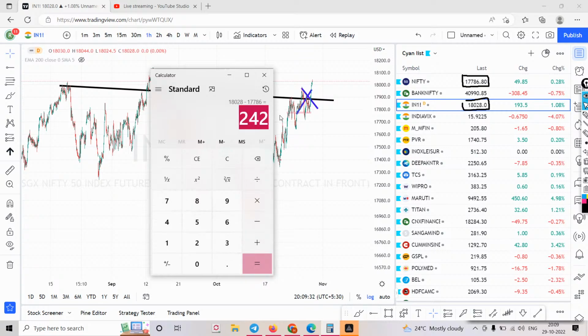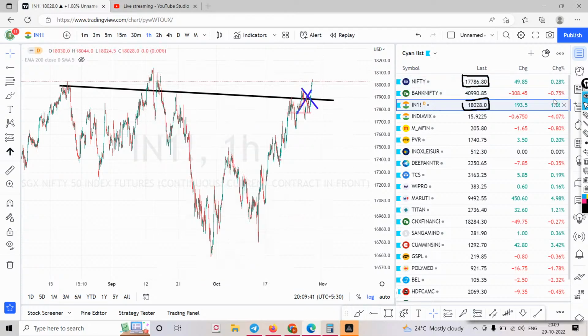Yeah, so it's 242. So SGX Nifty is 242 positive than the closing of the Nifty. But still, this is static. I'm not sure whether SGX Nifty is off or not, but based on the last data, SGX Nifty is 1% above. So we got the view of the market.